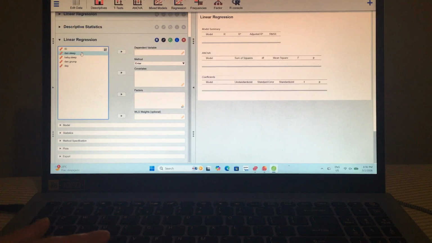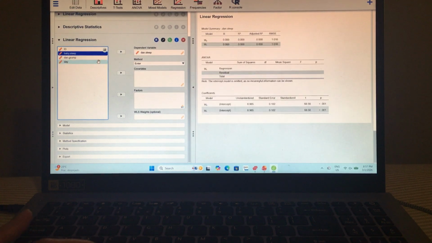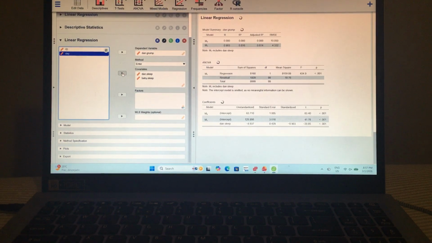We're going to move Danny's sleep and baby's sleep. Oops, sorry. We're going to move grumpiness here. And then we're going to move Danny's sleep and baby's sleep to covariates. Okay.